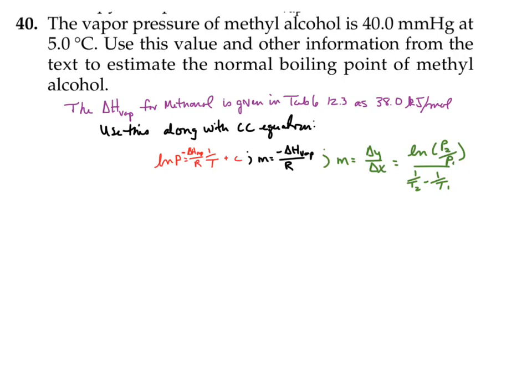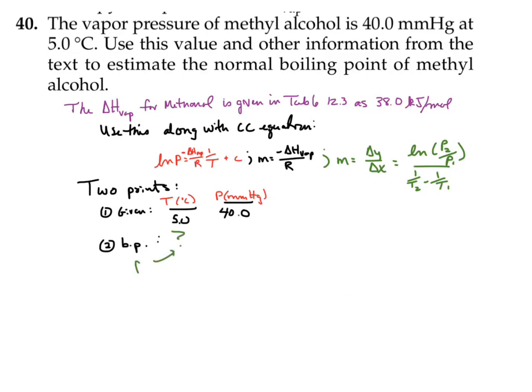So basically what the Clausius-Clapeyron equation says, well, let me show you what this is. So it goes on to give you only 1 point. It gives you one of your 2 points. It gives you the temperature, 5 degrees, and equilibrium vapor pressure. And then it says, at what temperature does the stuff boil? You're like, what the heck? Well, by definition, its normal boiling point is when its equilibrium vapor pressure is 760.